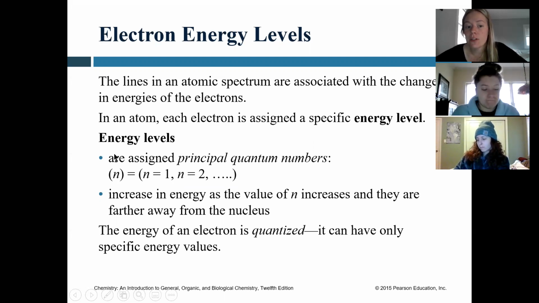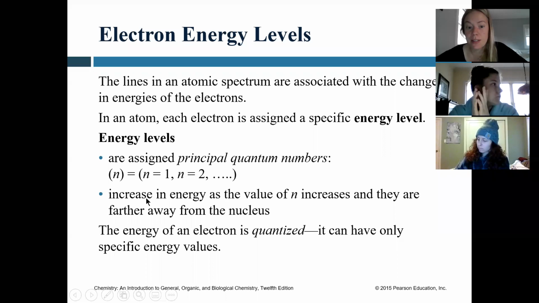The energy levels, which are called principal quantum numbers, have an italicized lowercase n. The lowest energy is 1, then 2, then 3, then 4, and so on, all the way up to 7. If you've done the shells with the S and the P and the D, we're not going to do any of that.